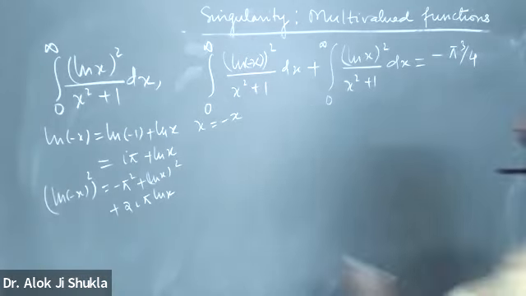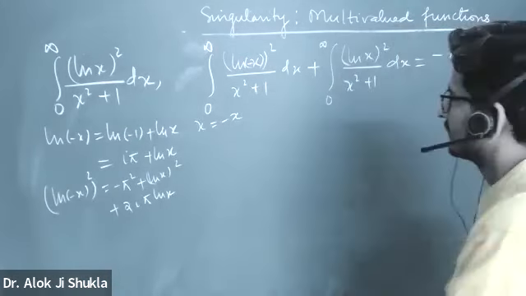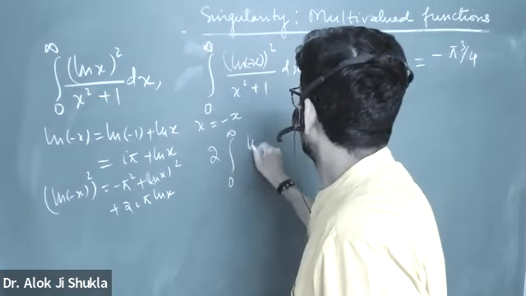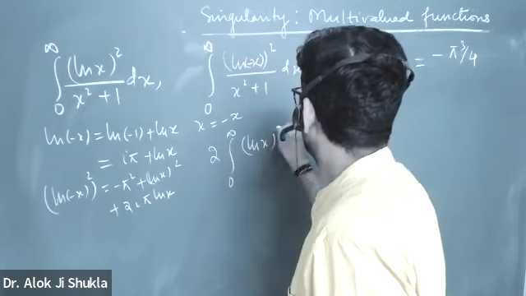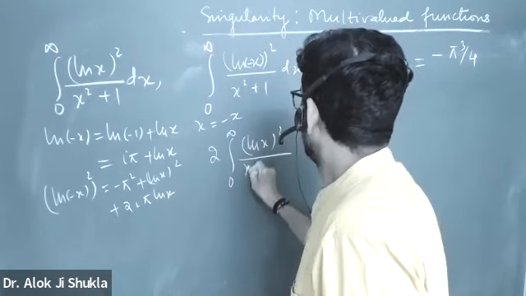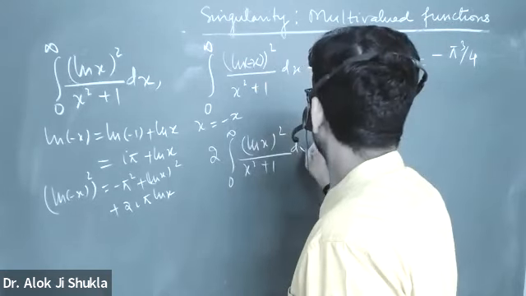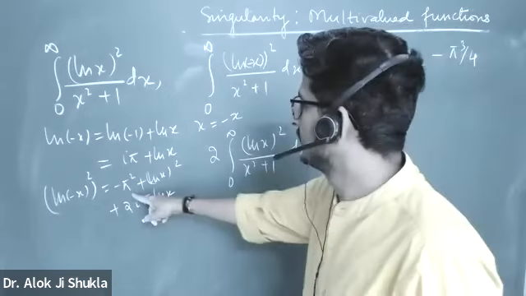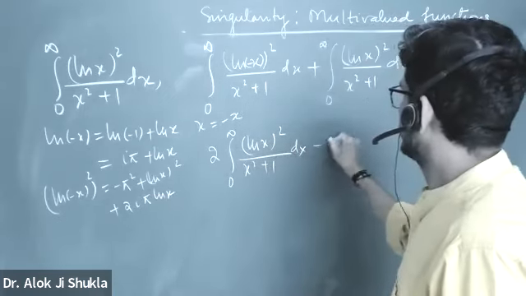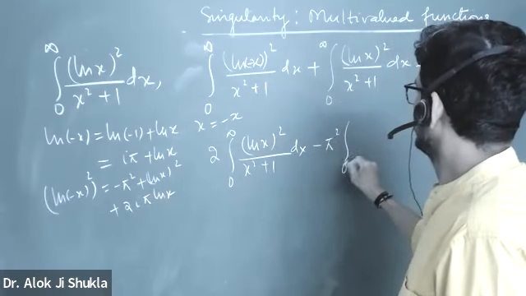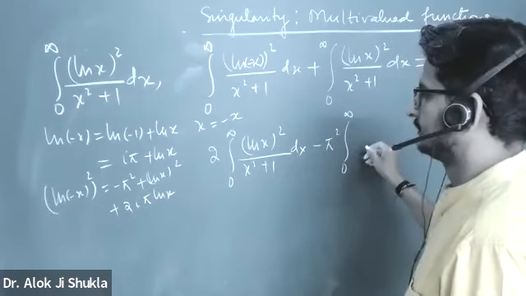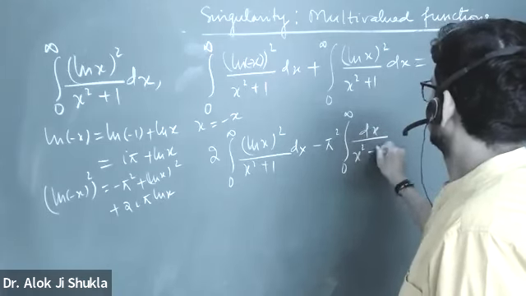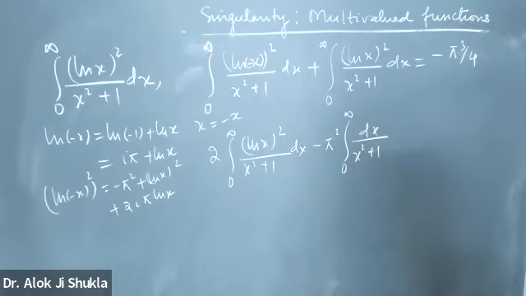So one term exactly matches with this. So I will have 2 times integral 0 to infinity ln x whole square upon x square plus 1 dx. One term will be this, which is minus pi square integral 0 to infinity dx upon x square plus 1.